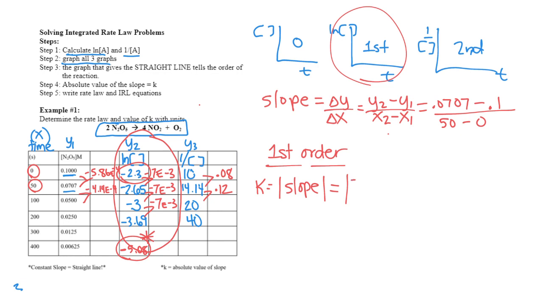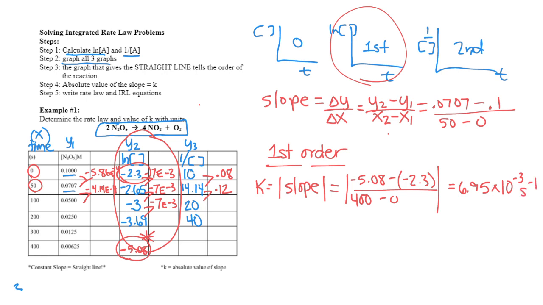So I want to use negative 5.08 minus negative 2.3, and then divide by 400 minus 0. Okay, that's going to give me 6.95 times 10 to the negative 3rd.